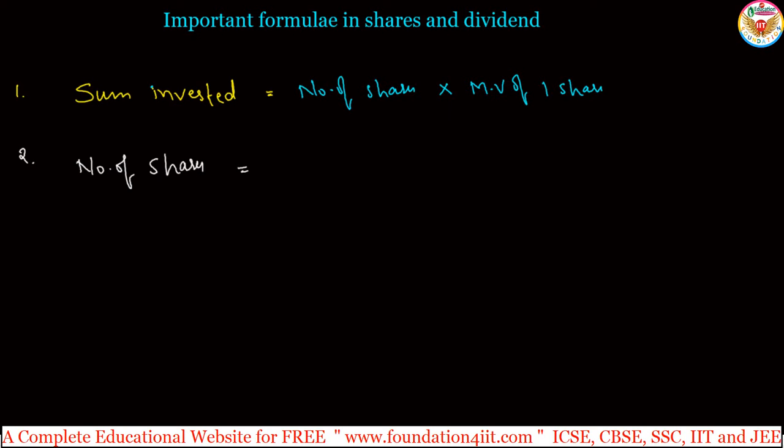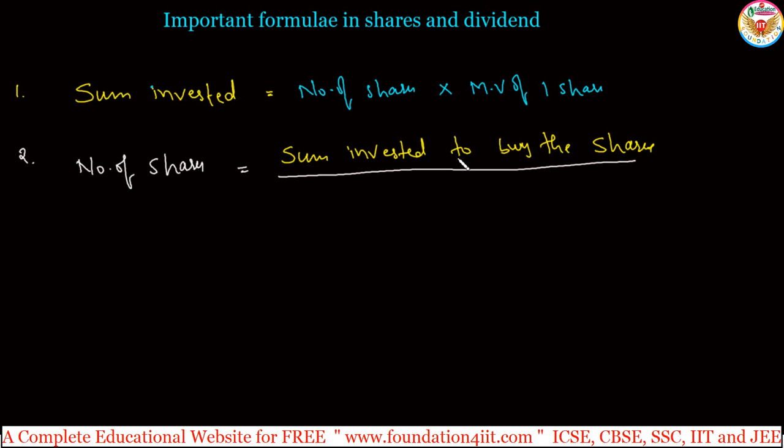Number of shares is equal to the sum invested to buy the shares, divided by the market value of one share. Okay, from the first one only we'll get this.